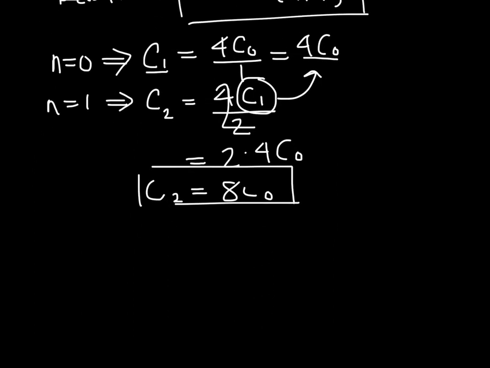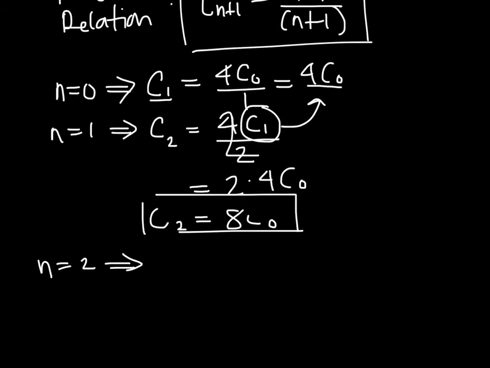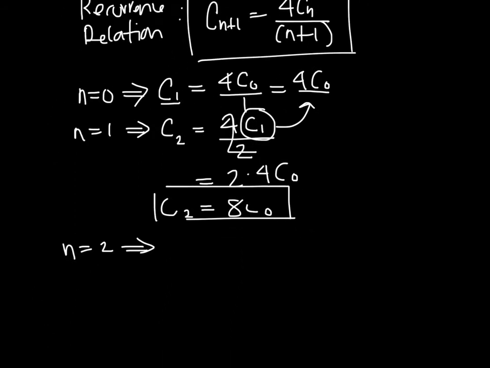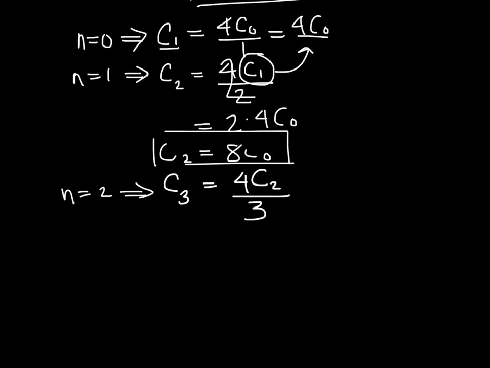Well, another one. What if n is 2? Then I have C2 plus 1, or C3, times 4Cn, or in this case C2, over 2 plus 1, that's 3. Okay, so I have 4/3 C2, but I want to write my CNs in terms of C naught.